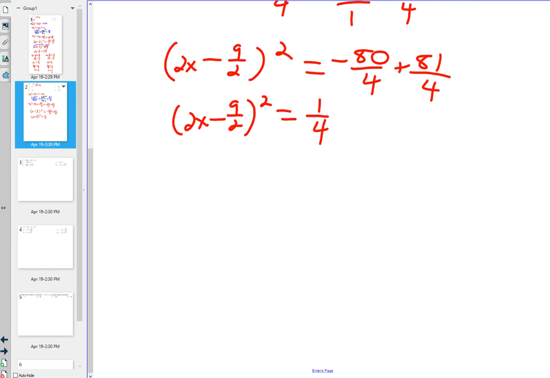And the nice thing is that I'm down to 1x, so I can just take the square root. 2x minus 9 over 2 is equal to, what's the square root of 1 over 4?